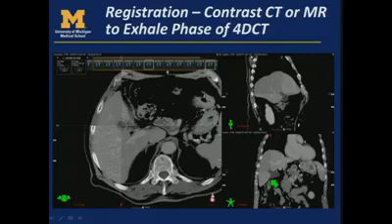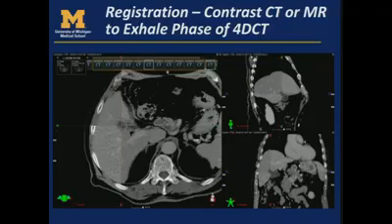I just wanted to say a little bit about registration. Christy Brock is going to talk about deformable registration in her talk, and this is just an example of what we do in our clinic. We have our contrast CT or MR, which is typically what Mary will use to contour her tumor on, and we will register that to the exhale phase of 4D CT. With liver, especially with free breathing treatment, we end up with a lot of different scans. So you need to make sure that you're registering, as Mary said, the right area of the tumor, but also the right scan to the right scan.